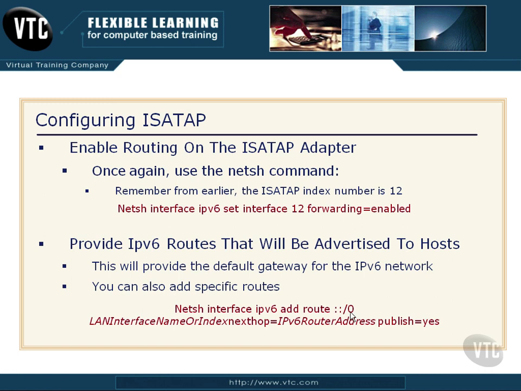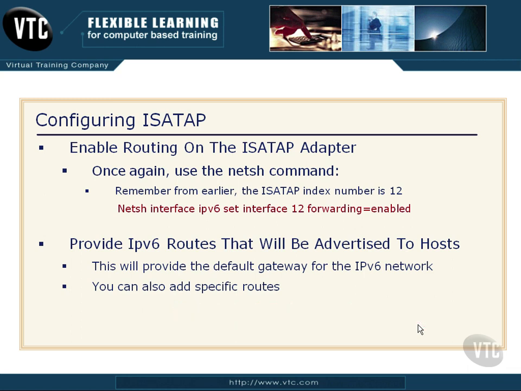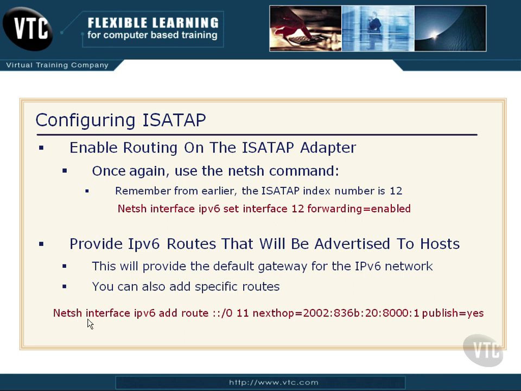Don't worry about what that means right now. And then I want to give it the LAN interface name or index, and then the next hop, and give it the IP version 6 router address. Set the publish property to yes. And this is what that would look like in English with all of my information from this network.